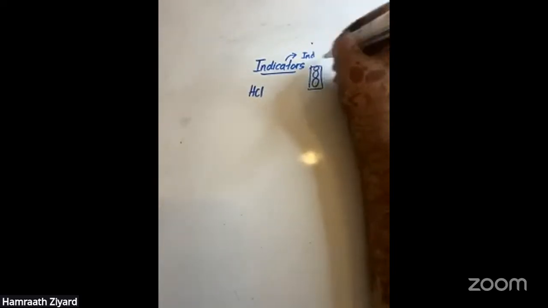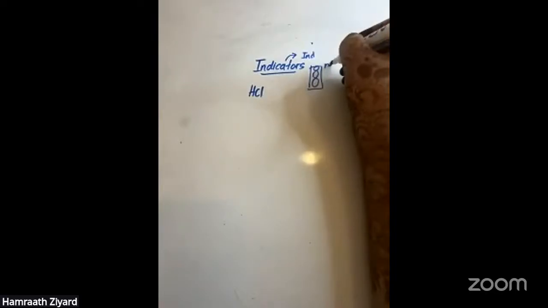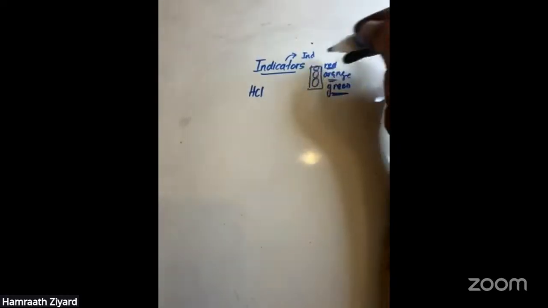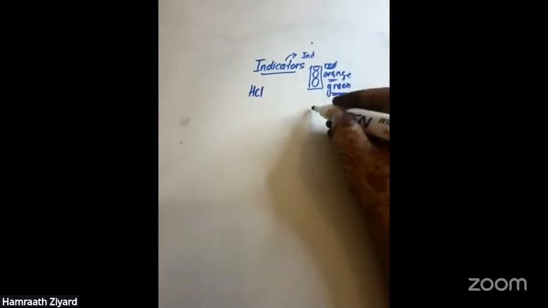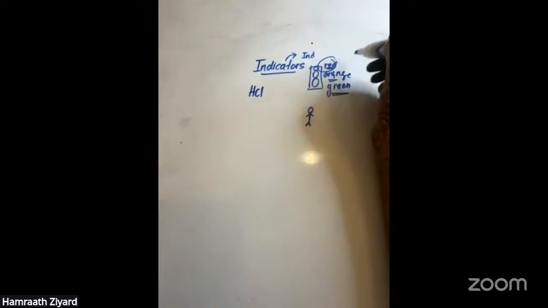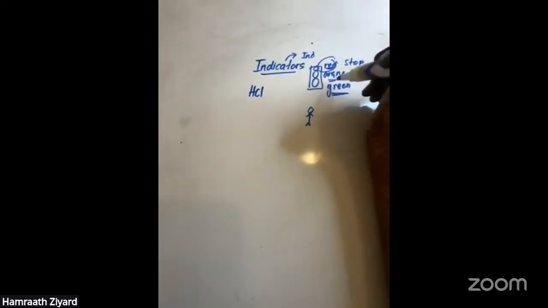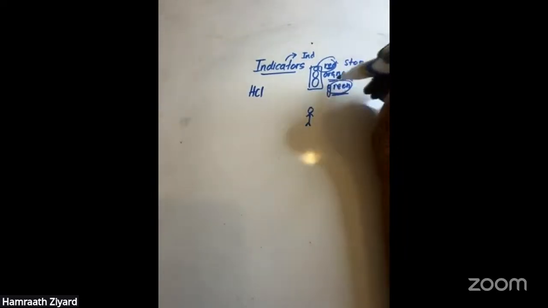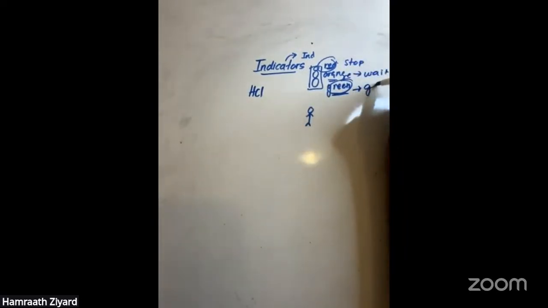You have 3 colors: red, orange, and green. Say you are in a vehicle and you will be standing for the red. That means red is indicating you to stop. And orange is saying, okay, wait. And this green says that you can go. So that means it is indicating you, right?